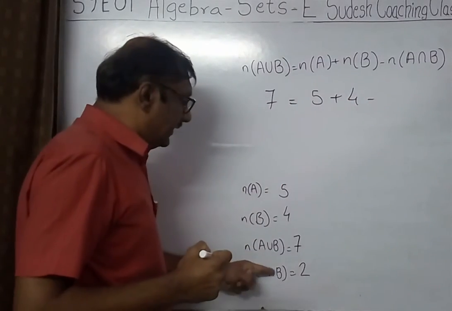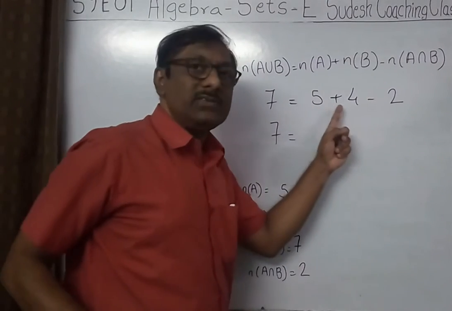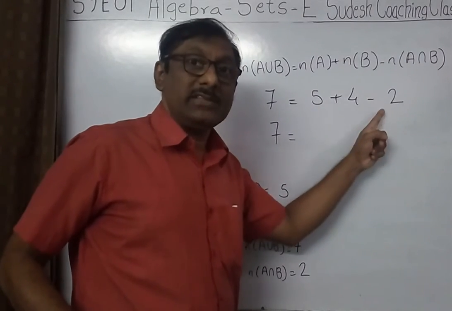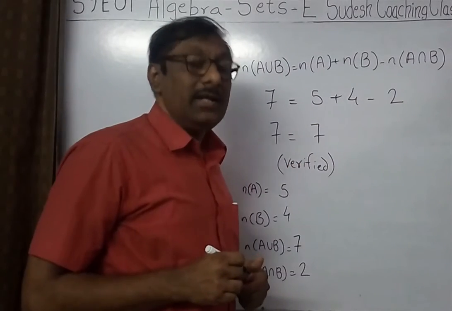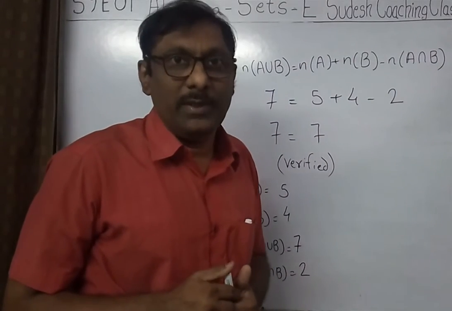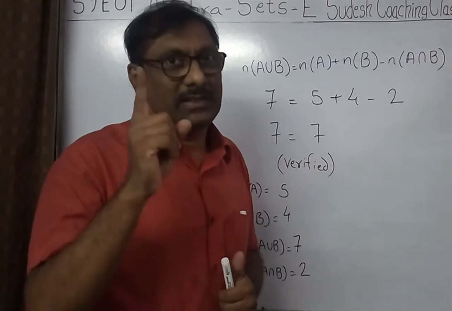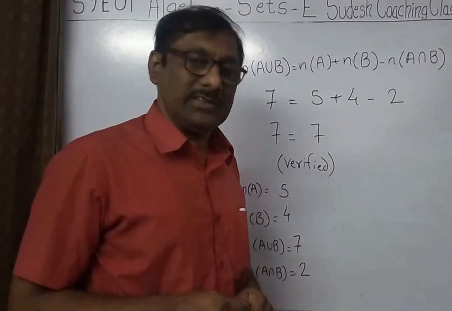What is n of A intersection B? It is 2. Come, let's calculate. 5 plus 4 is 9. 9 minus 2 is 7. So it is verified. What we have learned up till now, n of A union B is n of A plus n of B minus n of A intersection B, is a correct formula and verified always. Did you understand?